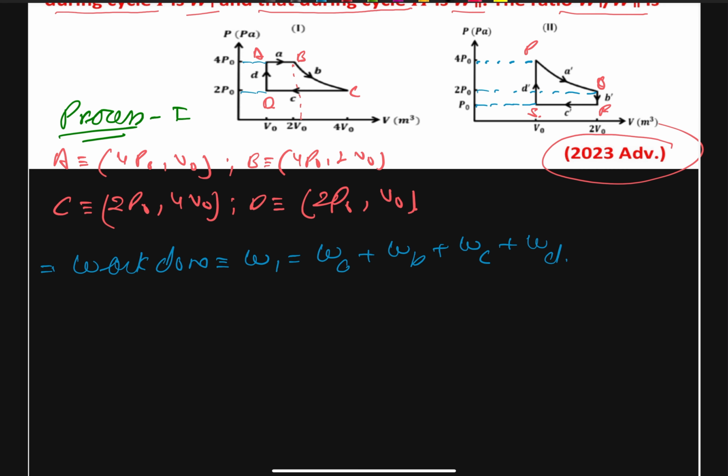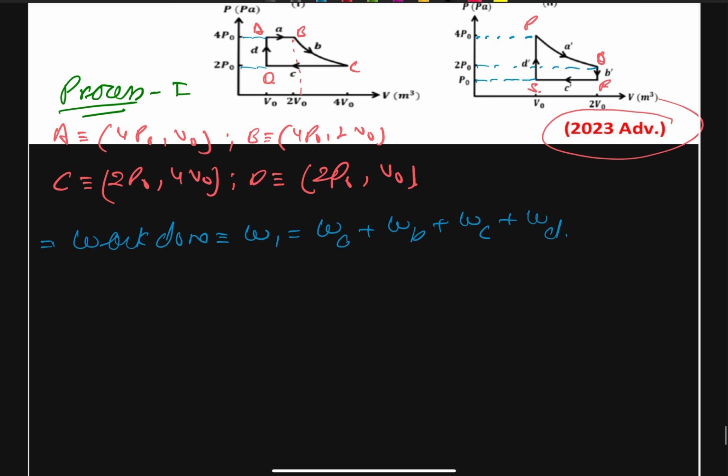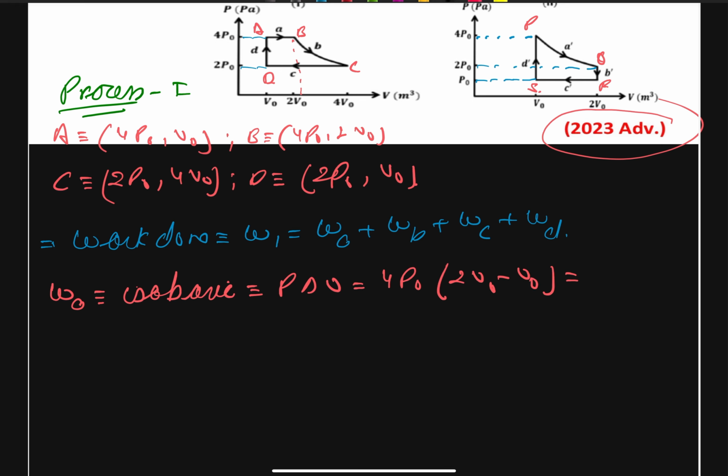So we can say that WA is isobaric, and this comes as P delta V, and P is 4 times P0, and the volume change is 2 V0 minus V0, which comes as 4 P0 V0.